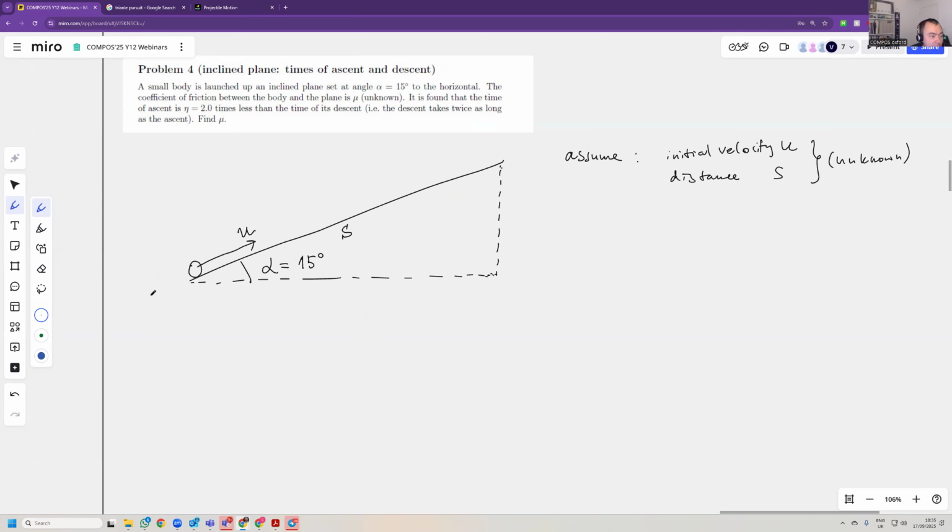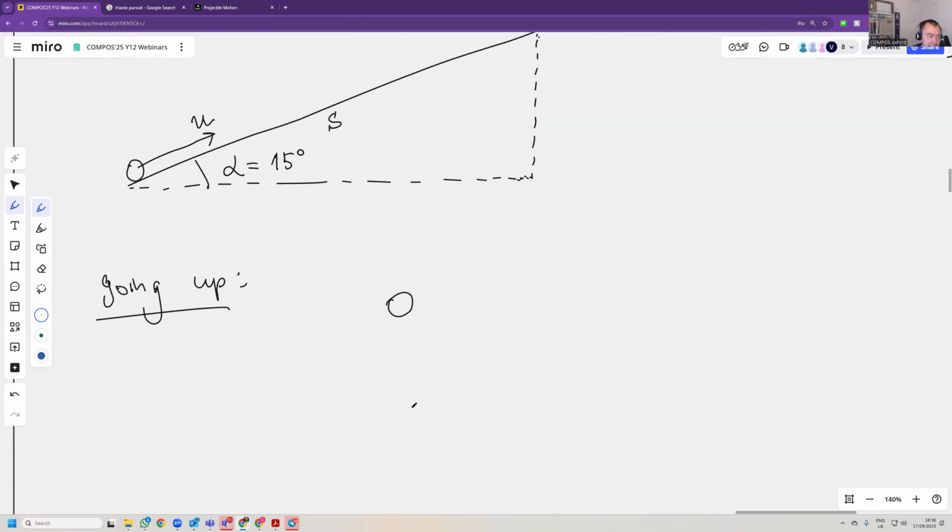So what's going on? When it's going up, we're probably interested in the acceleration going up. So we look at the forces acting on the mass, and we have the gravitational force, mg. We have the friction force this way, force of friction.